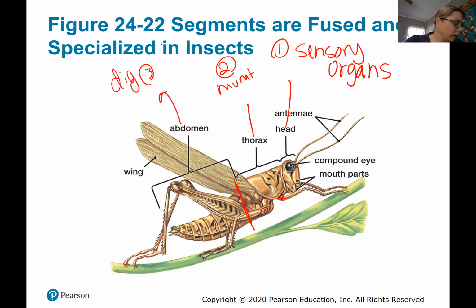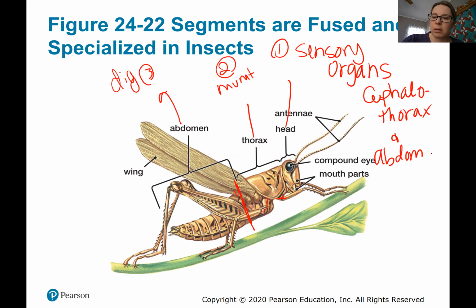And some arthropods have 2 segments, basically the cephalothorax and the abdomen. Spiders, for example, will have a cephalothorax where the head and the thorax are fused together.